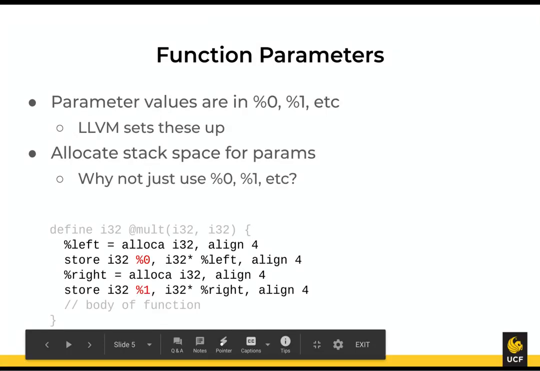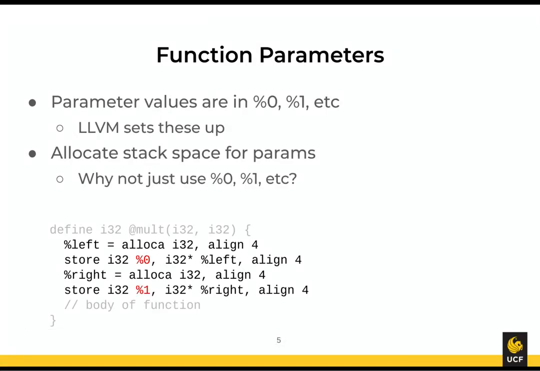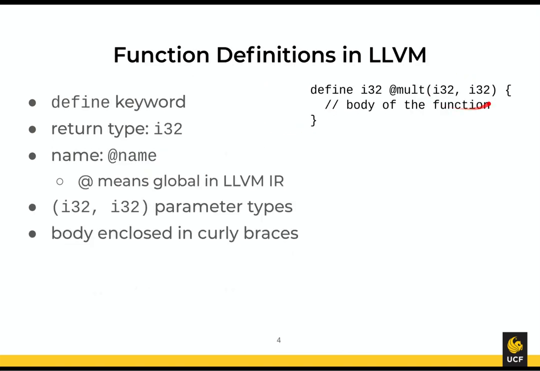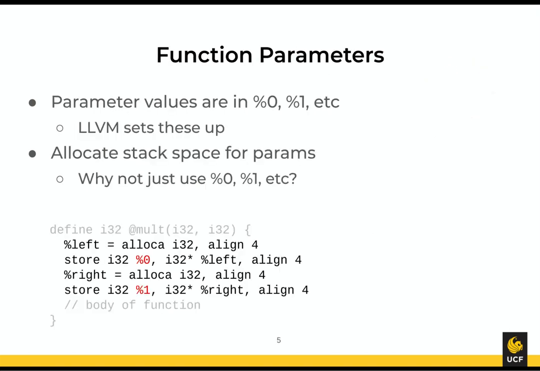Pretty straightforward. Function parameters are a little bit different. LLVM sets up special registers as the parameters to the function. In our definition there were no named parameters. Instead, LLVM just sets the first however many registers, 0, 1, 2, 3, 4, whatever, to hold your parameter values.